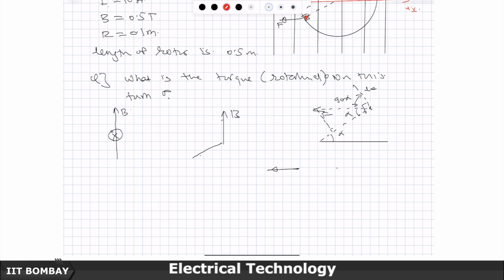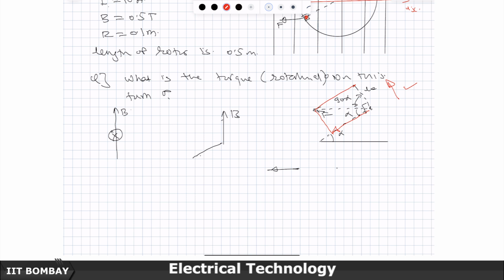This is the component which is going to cause the rotation, and this component is not going to cause anything, it is just pushing pressure to compress it, but it is not going to cause any movement. So the rotation is going to come from this component.